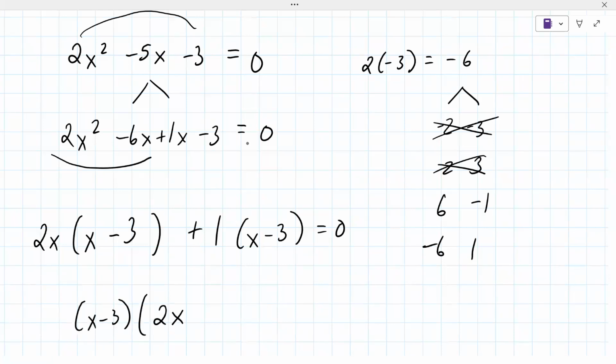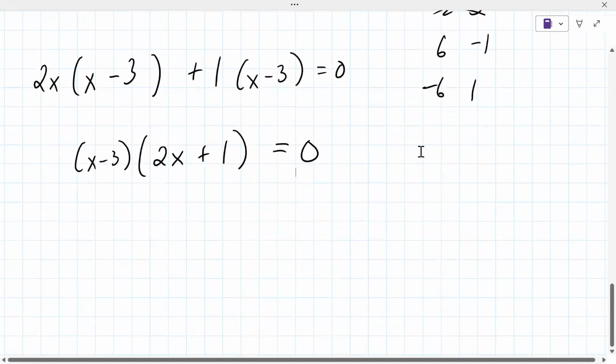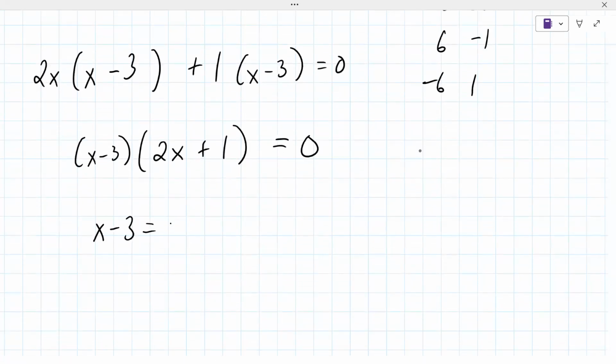And so you pull out a 2x plus 1 like that. And then you just set them to 0 to solve. Let's go ahead and solve those for me, please.